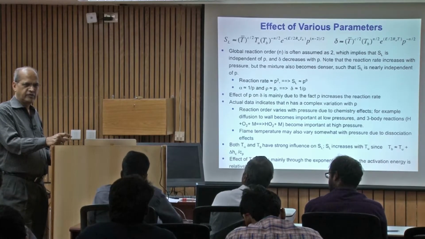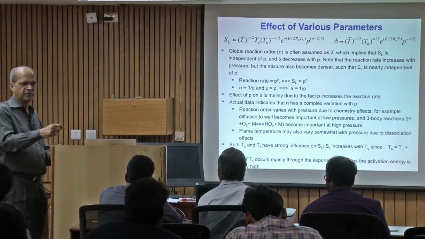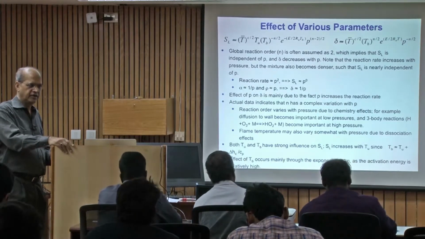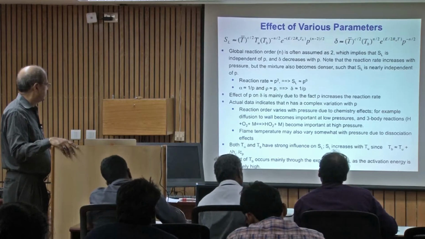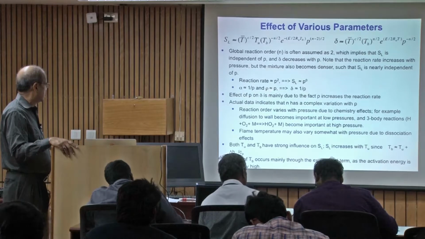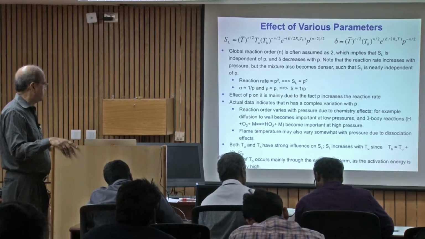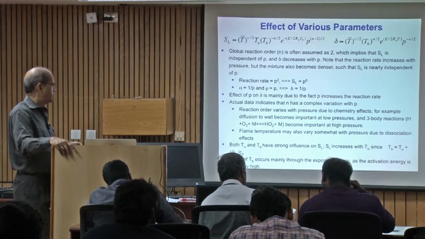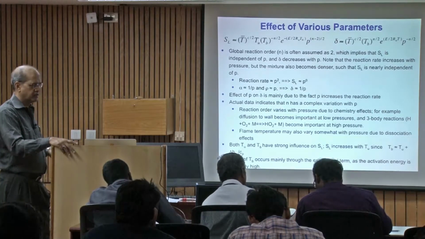So many people prefer to use mass burning rate compared to the flame speed in their analysis. The effect of P on the flame speed and flame thickness is mainly that P increases the reaction rate, so flame thickness will decrease.